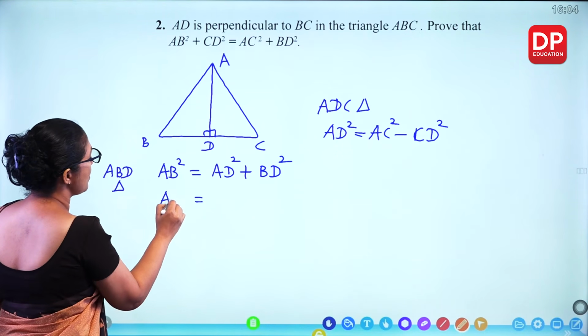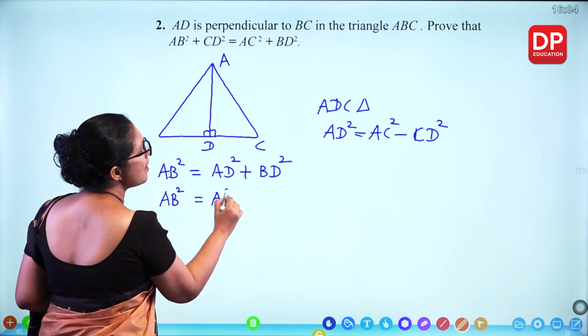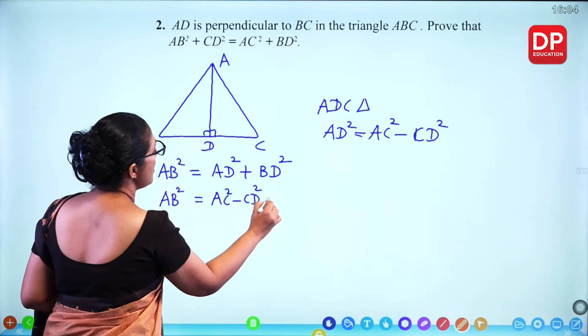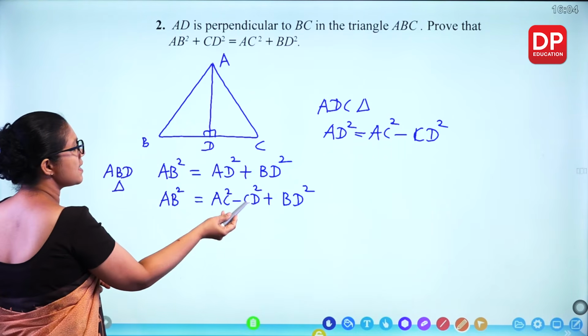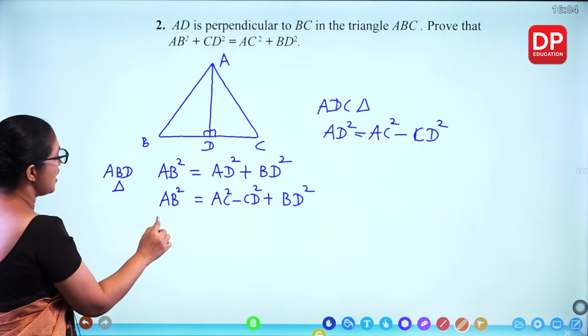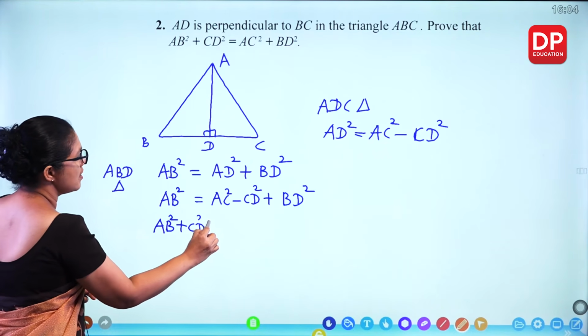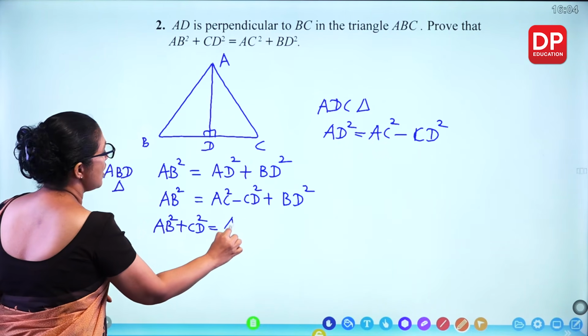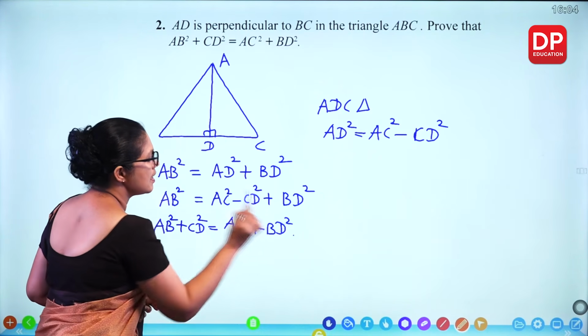So AB squared, AD squared is AC squared minus CD squared plus BD squared. Then what happens? I can take CD to this side. I'm getting AB squared plus CD squared is equal to AC squared plus BD squared.